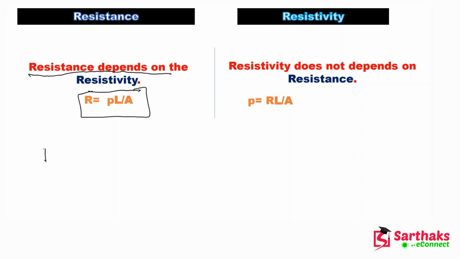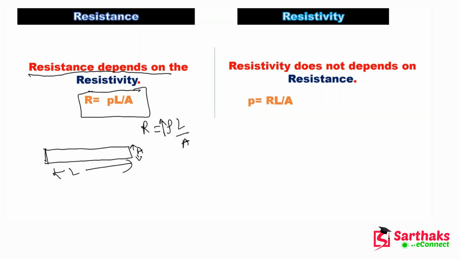For example, if this is a wire, and let's suppose the length of the wire is given and the area of the wire is also given, then you can calculate the resistance.